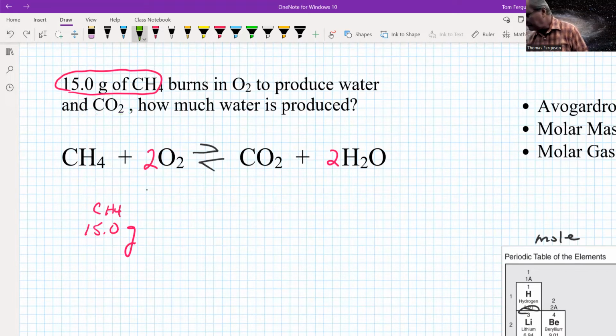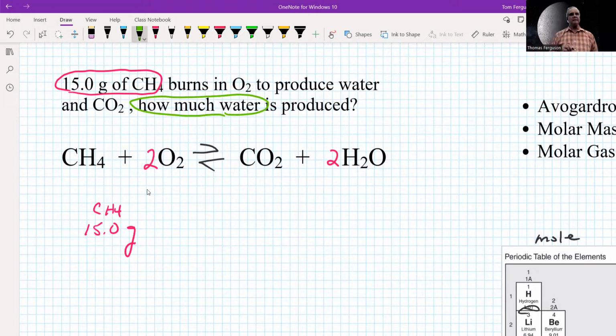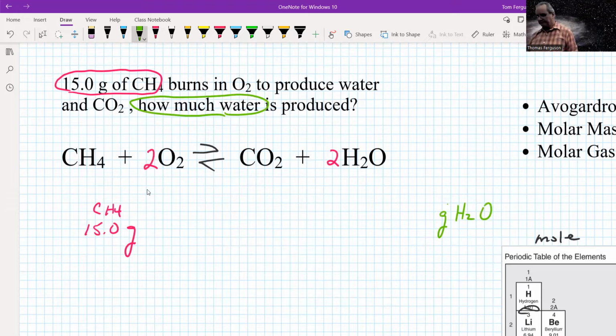We're trying to calculate the water. So water is going to be on the far right. Given is 15 grams of methane, trying to calculate how much water, and how much means in grams. And then the next thing is the setup.